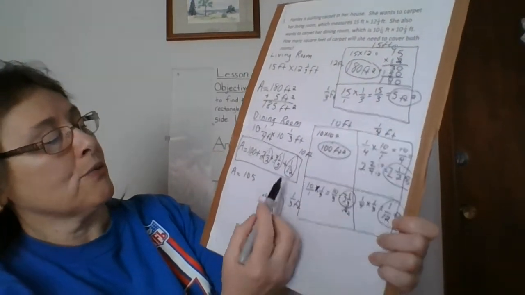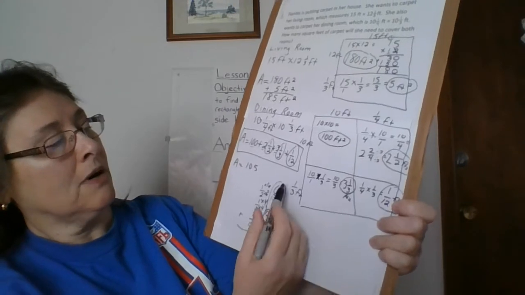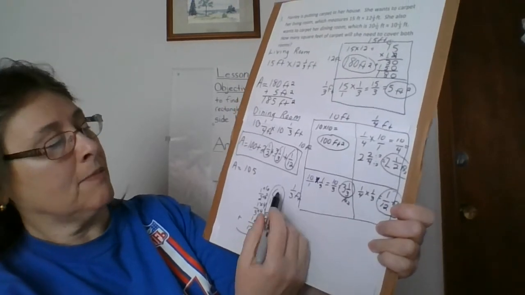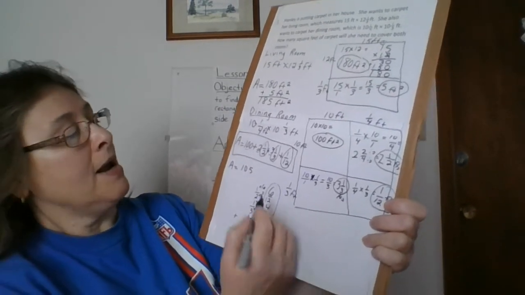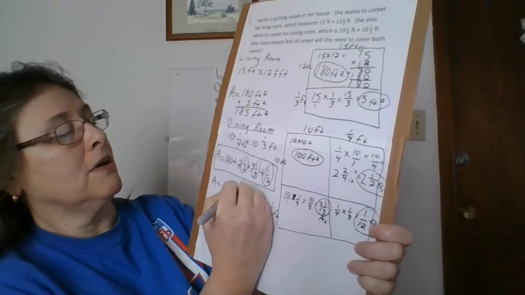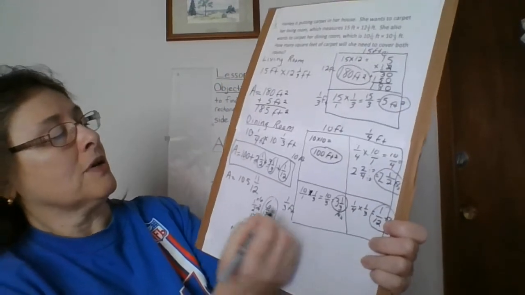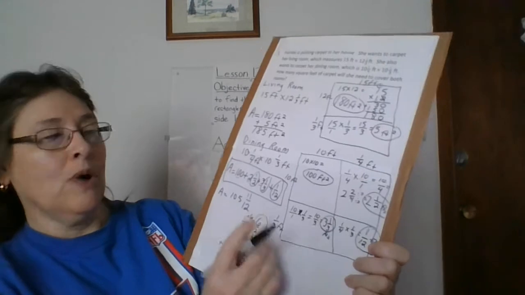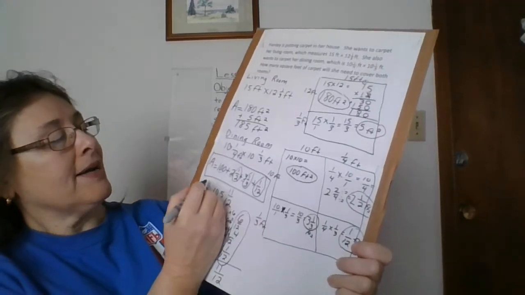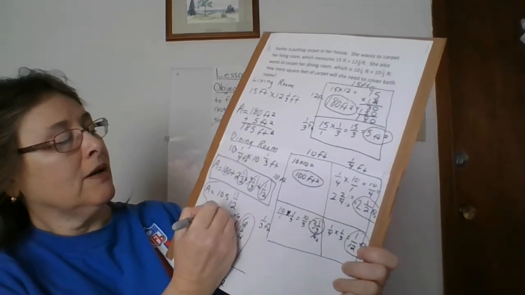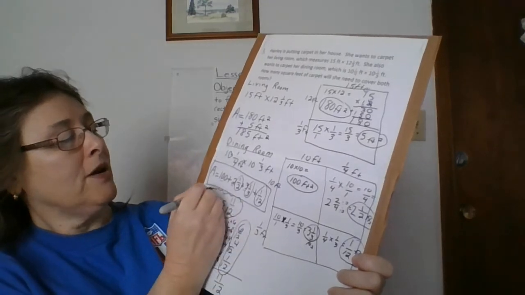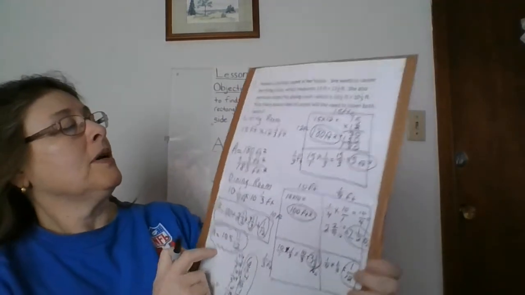Then I added my 3 fractions together, and I ended up with 11/12. So my dining room, that took a lot of work. Here is my area for my dining room.